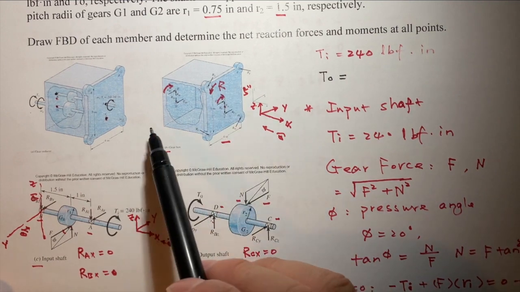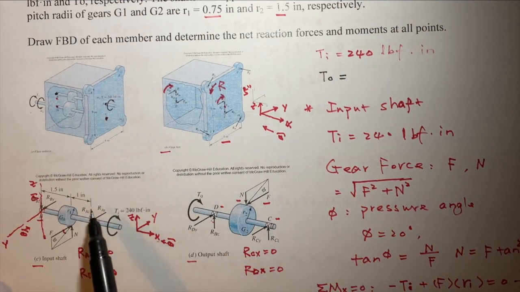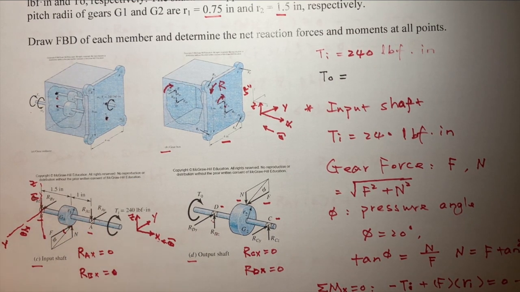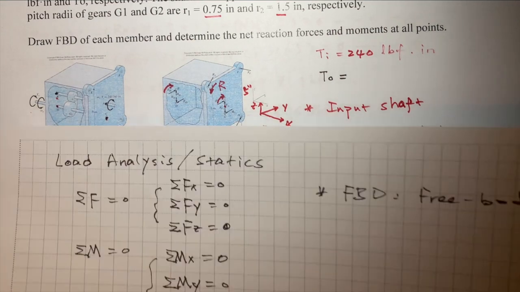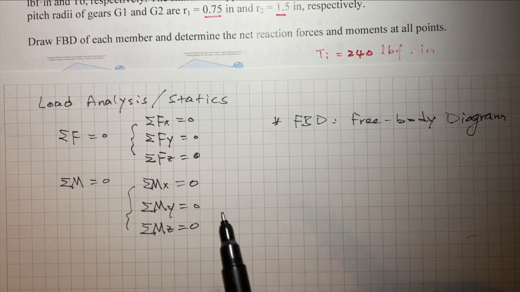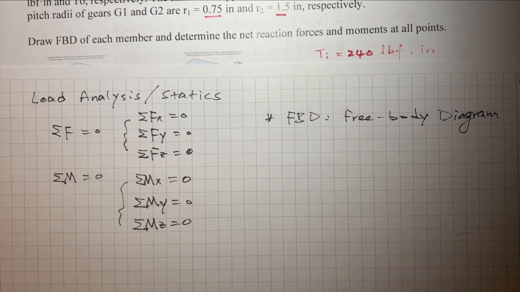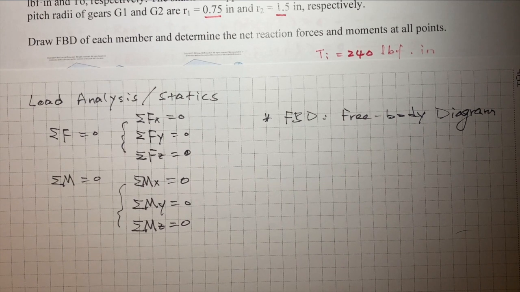You just take out the members from the system, and then sketch the right reaction forces. Right? And then you apply the statics, the 6 equations I introduced here, force balance and moment balance, to set up the equations and solve all the reaction forces.